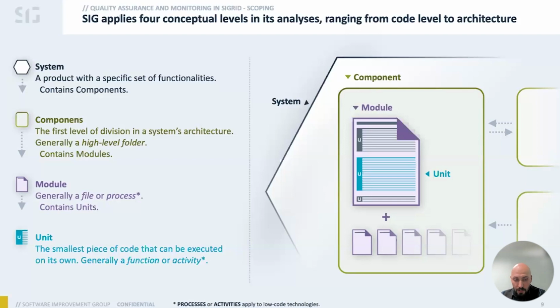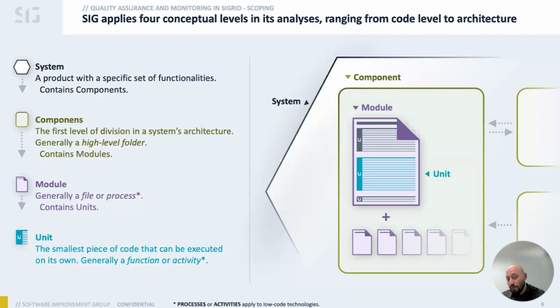So a unit is the smallest piece of code that could be executed on its own. It could be a functionality in Java. It could be a method in C#. A module is more the file where you put all those codes or units in, which is usually also a file in Java, or maybe a class in C#.